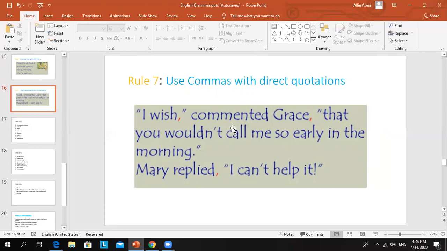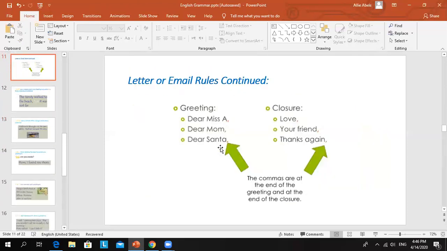I quoted Mr. Sultan, because I said, "I wish the coronavirus can be removed from Riyadh," comma, said Mr. Sultan. So I'm directly quoting Mr. Sultan, so I need to use my inverted commas and a comma. So that is basically today's lesson, guys.